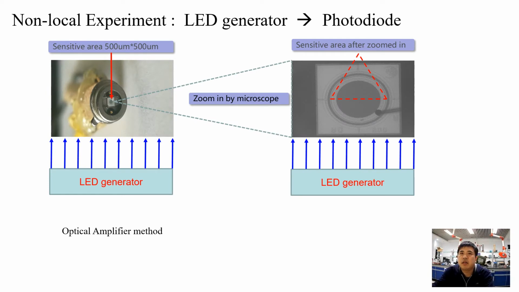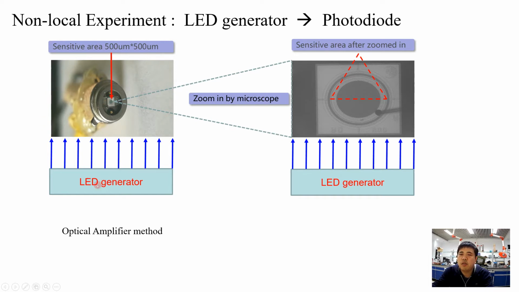For testing this sensor, I also need a non-local key. In previous experiments, I always used a normal camera or cell phone to take the photo of the sensor. We can see the sensitive area of the sensor is very small relative to the whole picture.